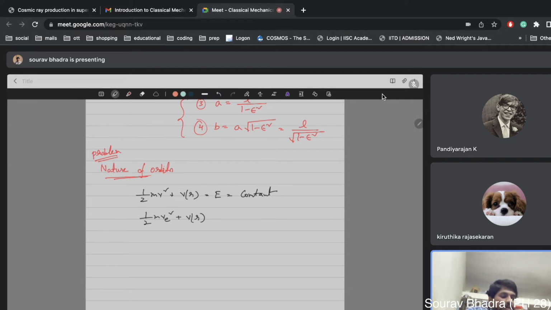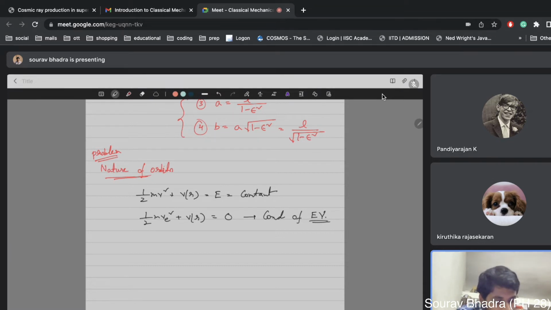It will go to infinity, that is the definition of escape velocity, and that particle will have no potential energy as well as no kinetic energy. So it is the condition of escape velocity.